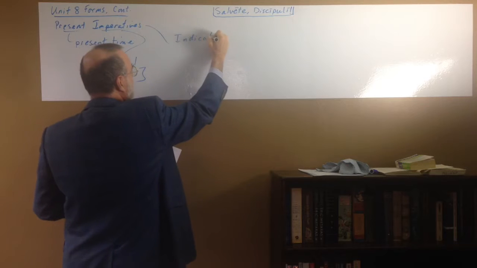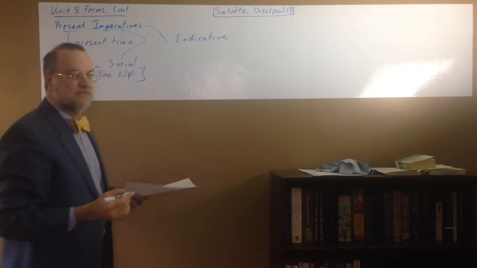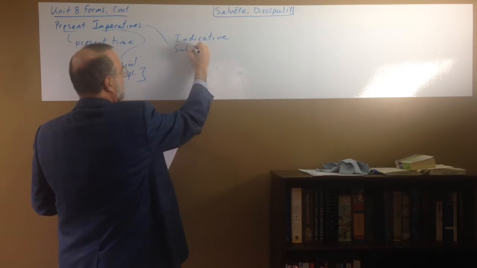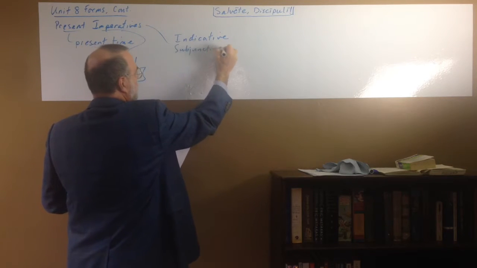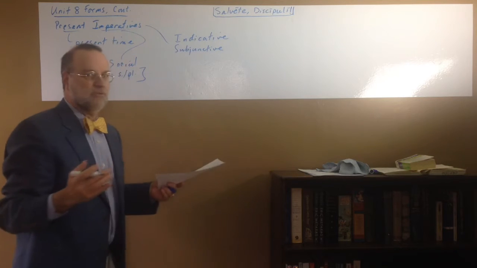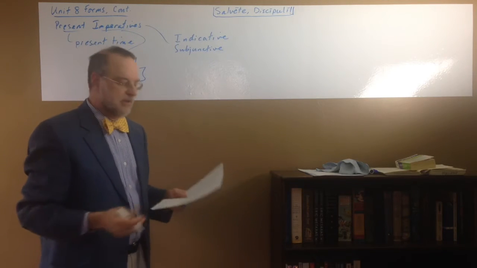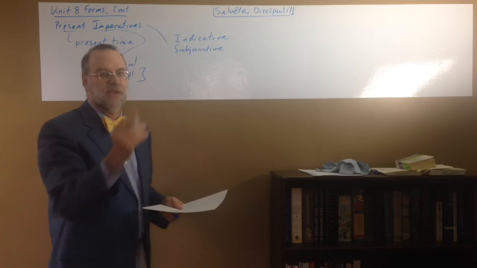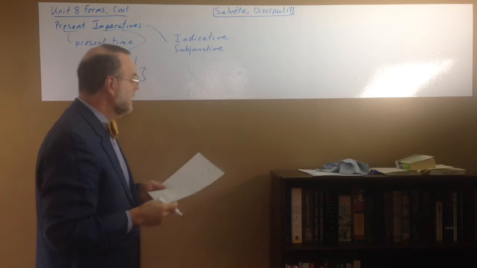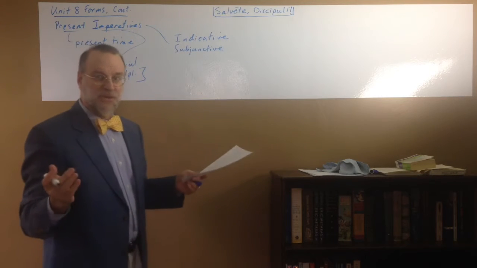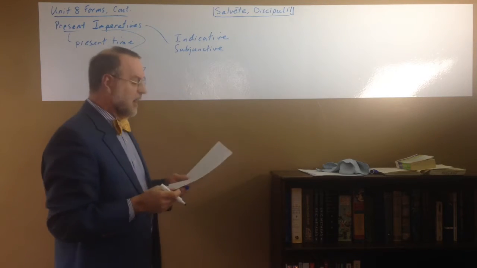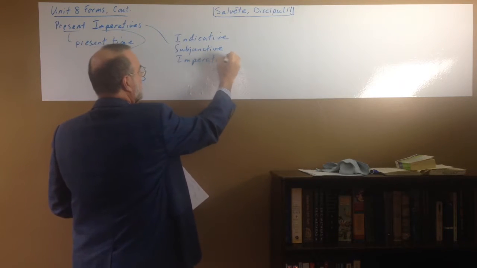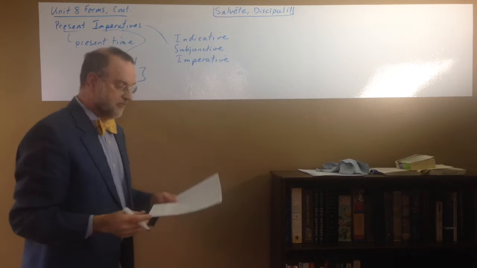We know about the indicative, the mood of factuality, the subjunctive, the mood of the general category of possibility, intent, a lot of things under the subjunctive mood. But possibility, I think, covers most of the basis for the subjunctive. And then finally, the imperative mood, the mood of command.